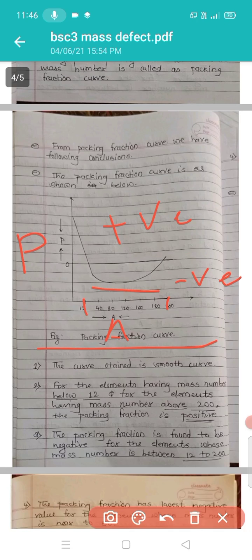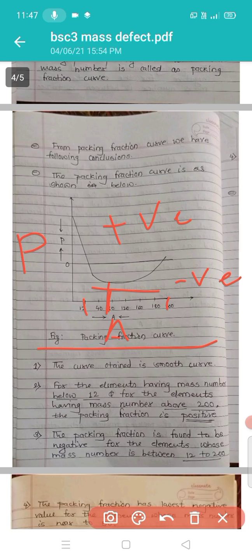The packing fraction has the lowest negative value for the elements whose mass number is near 50. The negativeness of packing fraction describes the stability of elements. So, the elements with A between 12 to 200 are stable, while those with A about 50 are most stable.